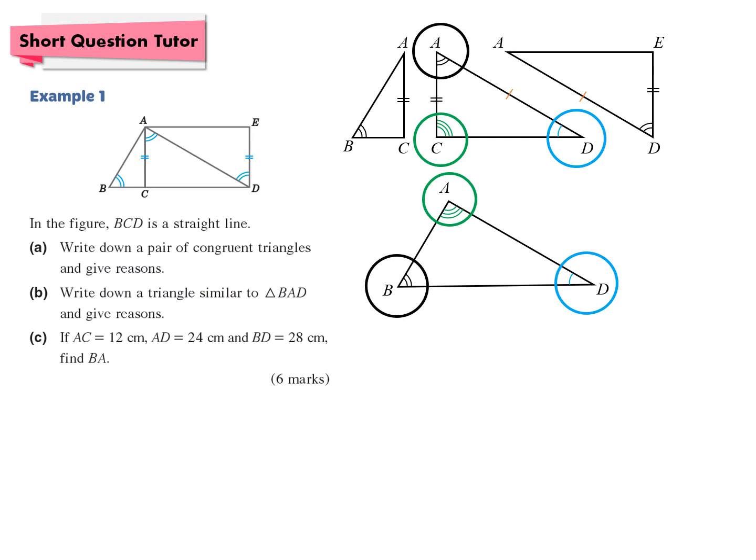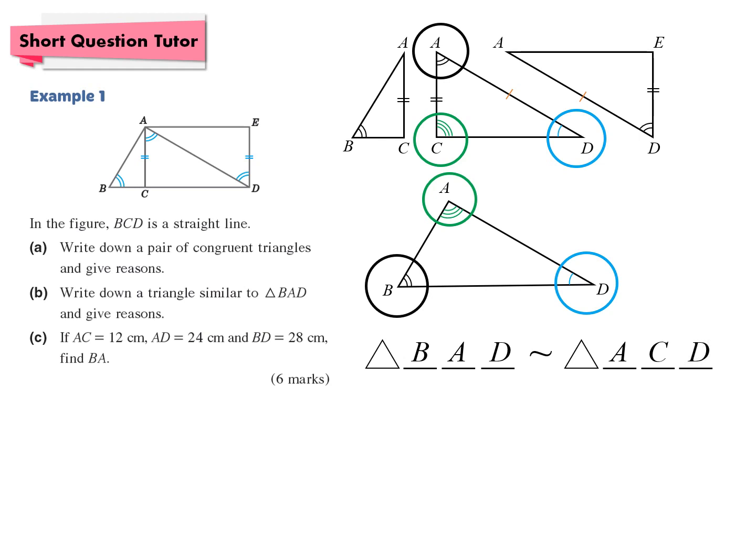The reason is AAA. Then, we have to write down their names with the correct order, using the technique of filling blanks. It is not difficult, because we just need to fill in the blanks according to their corresponding angles. So, the first one, B, with 2 black arcs, corresponds to A. Then, the second letter A, with 3 green arcs, corresponds to C. Finally, fill in the remaining letter D on both blanks.